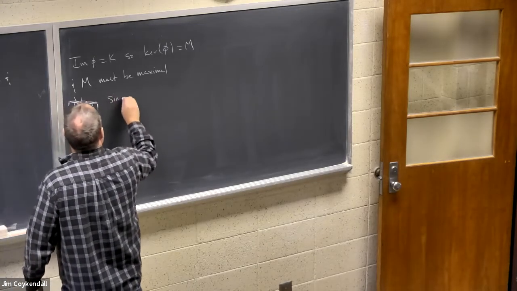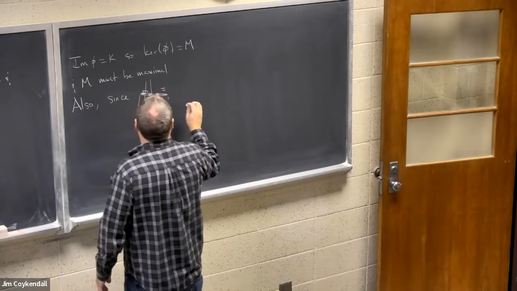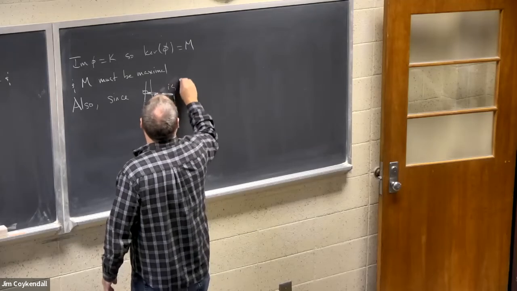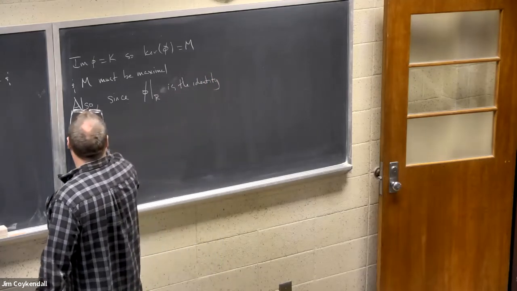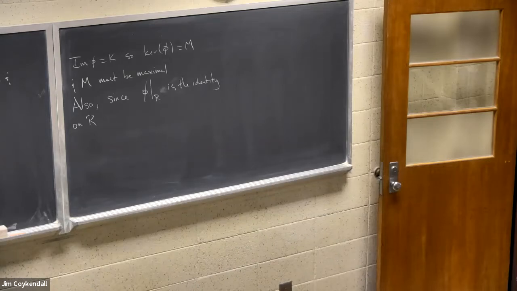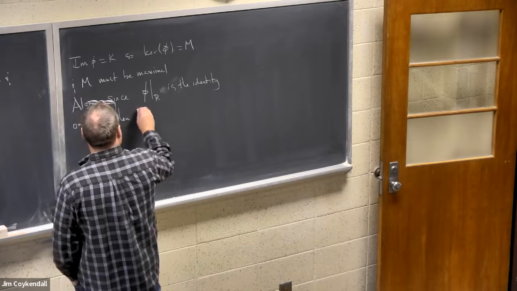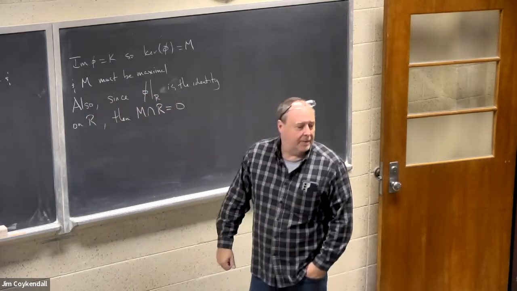Also, since P restricted to R is the identity, just the way this map works when you restrict to the polynomials of degree zero, then it must be the case that M intersect R is zero.